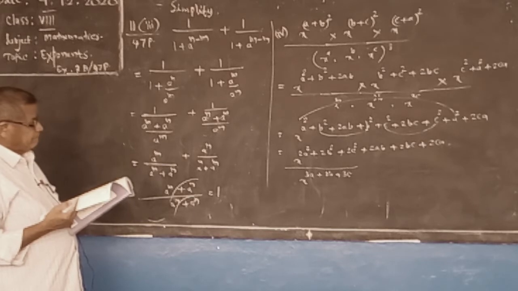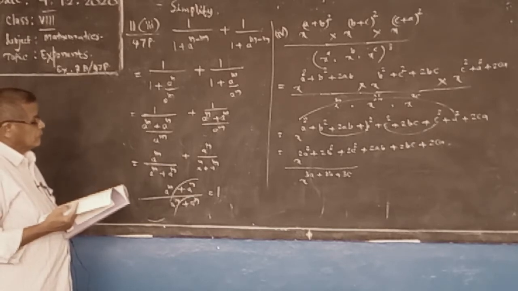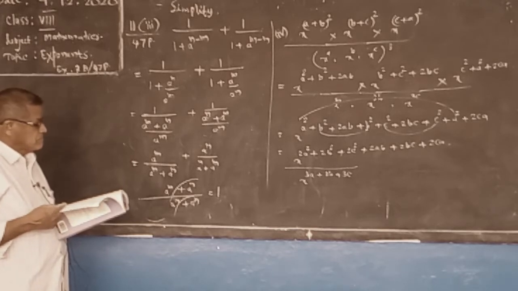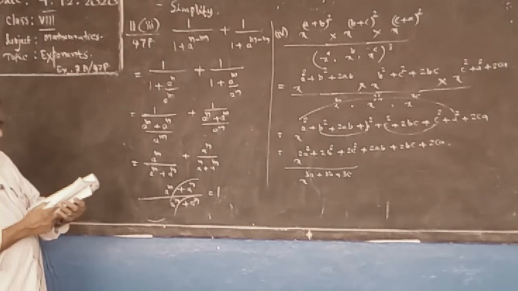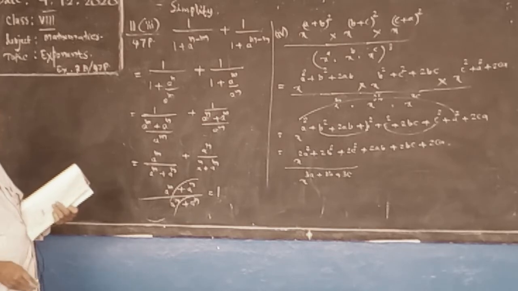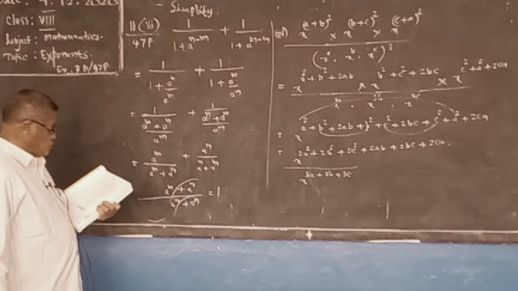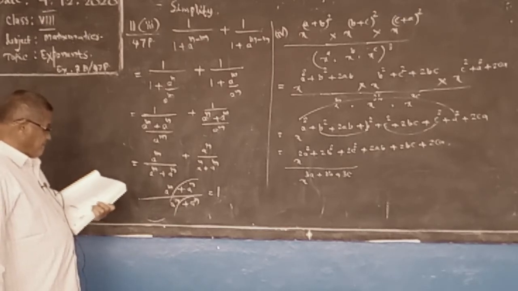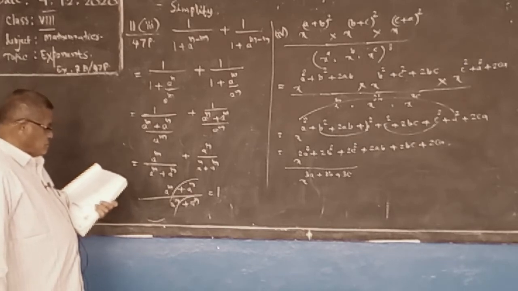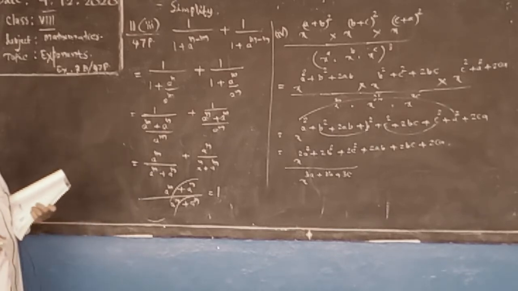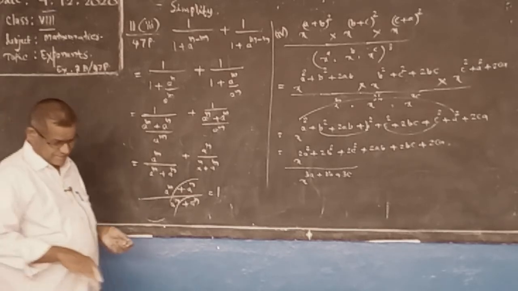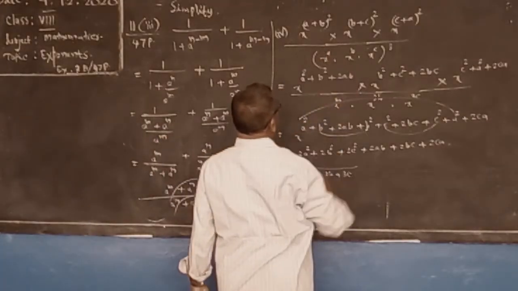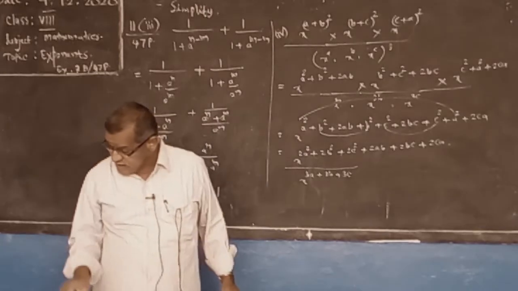A plus b plus c. A square plus b square plus 2ab is x power a into 3a, power to power.